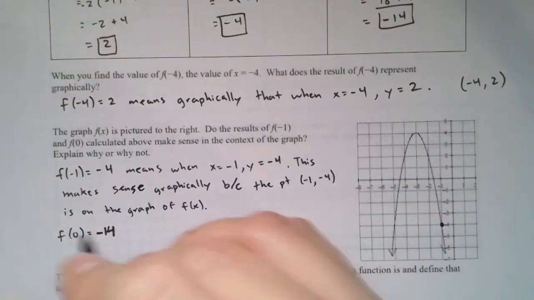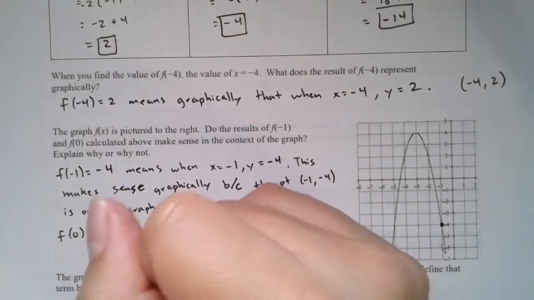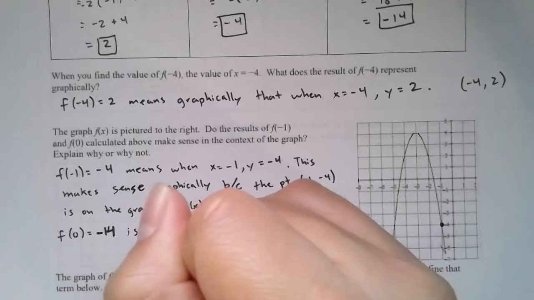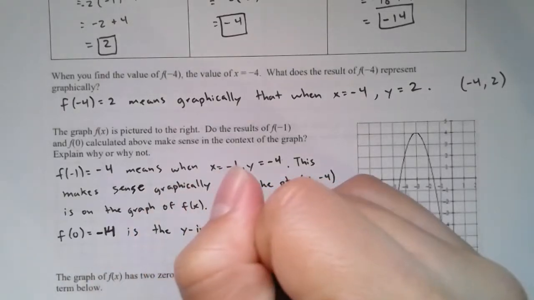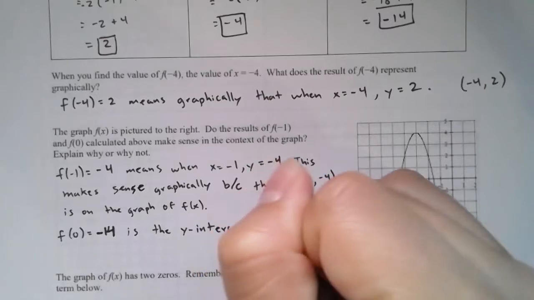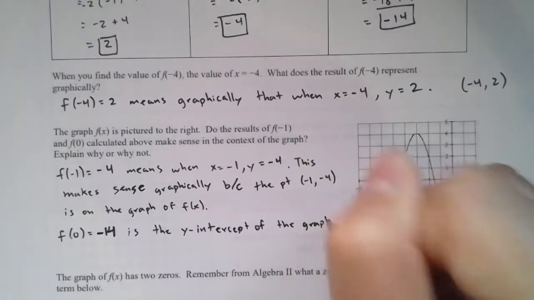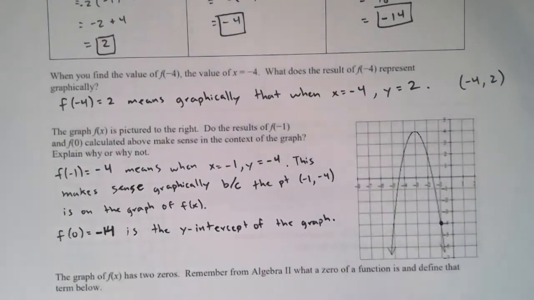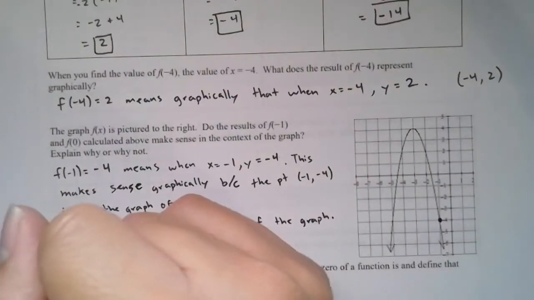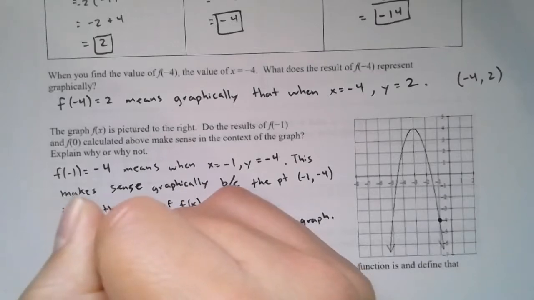So f of 0 equals -14 is the y-intercept of the graph. According to the graph they gave us, yeah, it does make sense. We'll say it's possible.